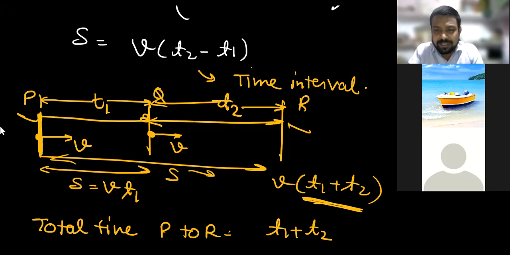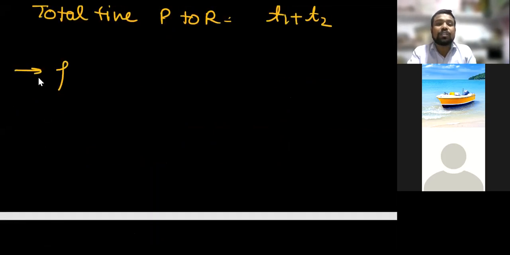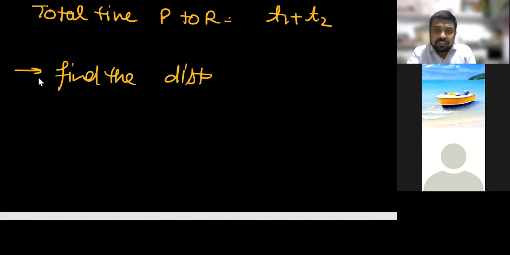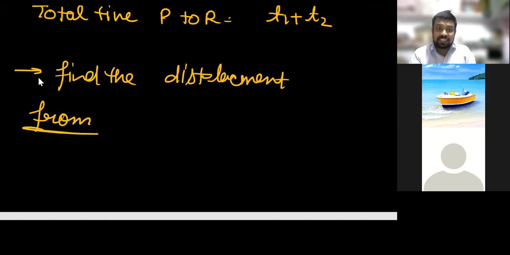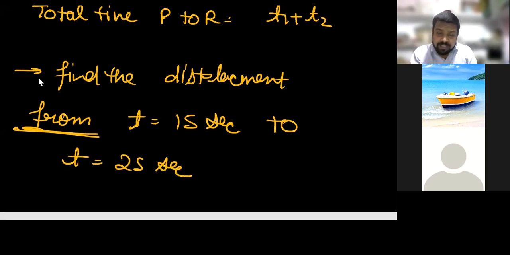So if the question asks to find the displacement from t equal to, say, 15 seconds to t equal to 25 seconds, that means from 15 to 25 it is a duration.